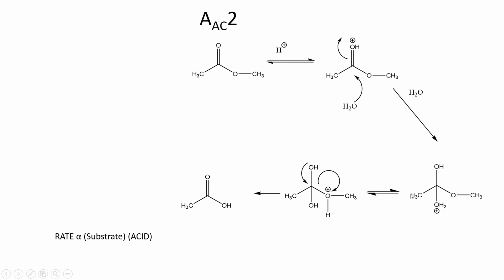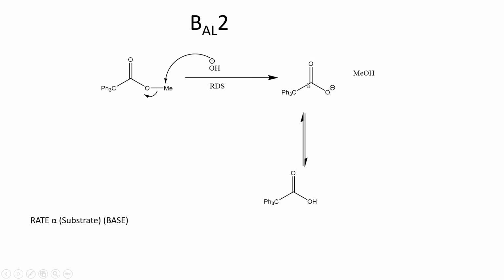And after that the conventional way happens and the ester gets hydrolyzed. And this is AAC2, meaning acid catalyzed acyl bond cleavage bimolecular reaction. Bimolecular because this one is the RDS step, for which the rate depends on substrate as well as acid. Here water is used, but you can just assume that water is H3O plus and it represents acid.